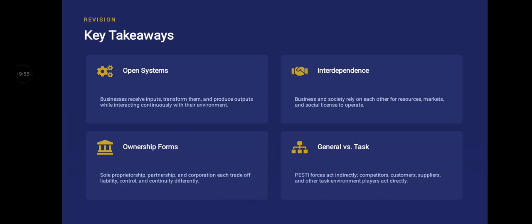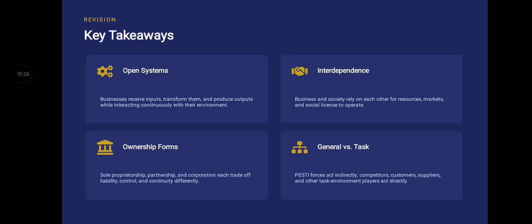This brings us to the end of Unit 1 and Unit 2. Let's recap quickly. In Unit 1, we learned that businesses are open systems that receive inputs, transform them, and produce outputs. We also learned that businesses and society depend on each other and that owners must choose between sole proprietorship, partnerships, and corporations, each with its own advantages and disadvantages.